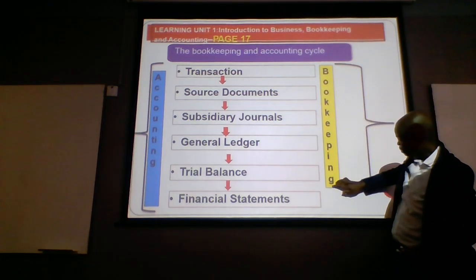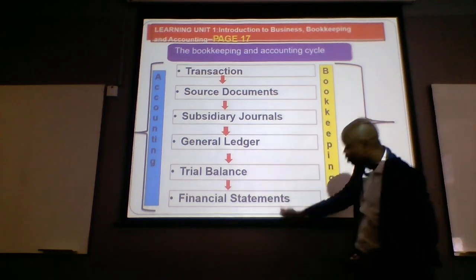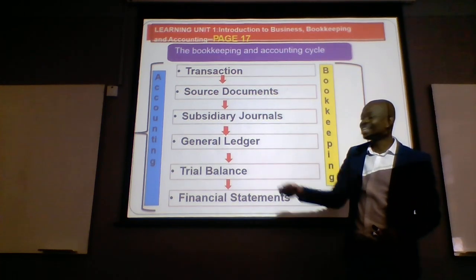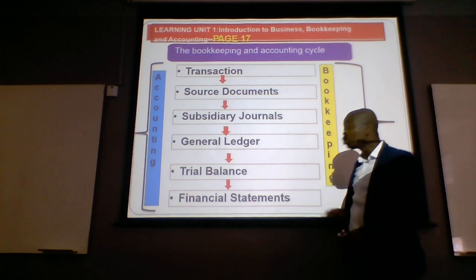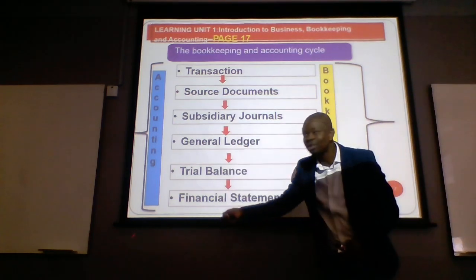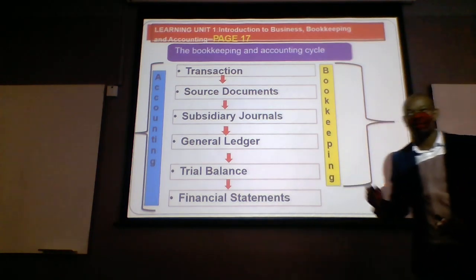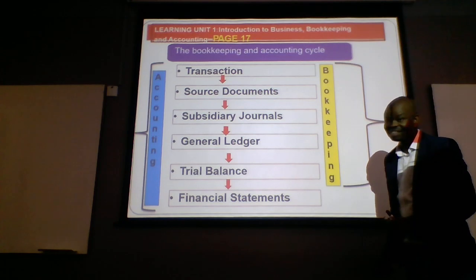This is bookkeeping. But if you take the whole process, this is accounting. So under bookkeeping, we don't deal with the financial statements. But the minute we include financial statements, the whole thing is called accounting. So this is the difference between bookkeeping and accounting. Are we together?